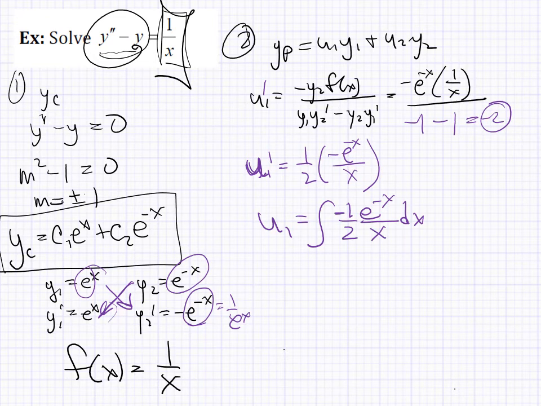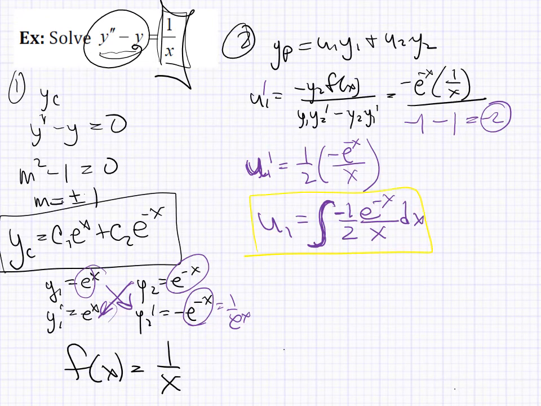You haven't learned a way of integrating something like this ever in all your calc experience, which happens, right? Some integrals just can't be done. They're not some elementary function that we've learned before. So in which case, this is the best we can do for u1.